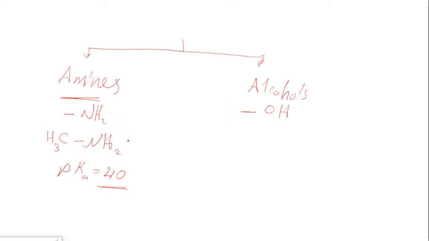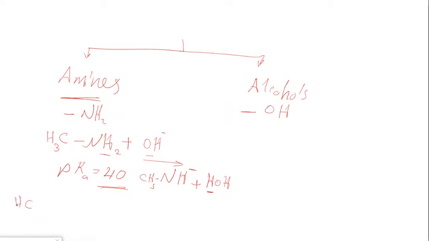So if I reacted this very weak acid with something like a weak base, but one that still has a higher pKa than the pKa of this weak acid, the amine will lose one of its hydrogens, so it will form CH3NH with a negative charge, plus, of course, the base will accept this proton, forming HOH.